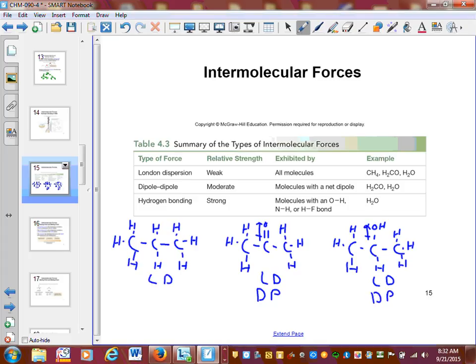What about hydrogen bonding? First one, any hydrogen bonding? Is hydrogen attached to an oxygen, nitrogen, or fluorine? No. So, here, any hydrogen bonding? Is there hydrogen attached to an oxygen, nitrogen, or fluorine? No, so there's no hydrogen bonding here. How about here? Yes. So which one's going to have the highest boiling point?